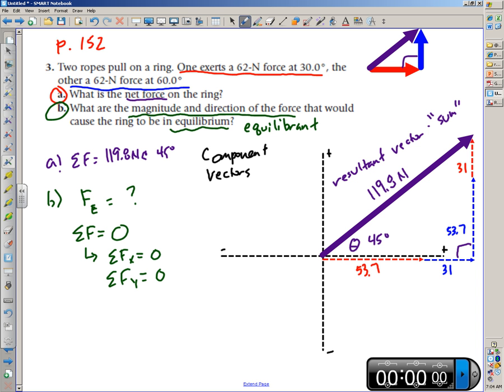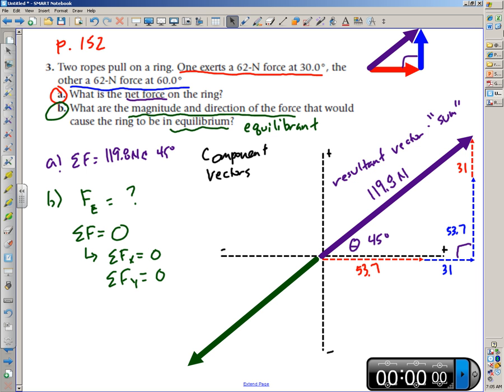So, taking that idea and looking at the drawing that we just did, most of you could probably see how this one's going to go. If this is the resultant vector, the combination of those 2 original forces, in order for us to get equilibrium, we're going to have to go something like this, right? Because that would cancel out the purple force and cause the net force to be equal to 0.